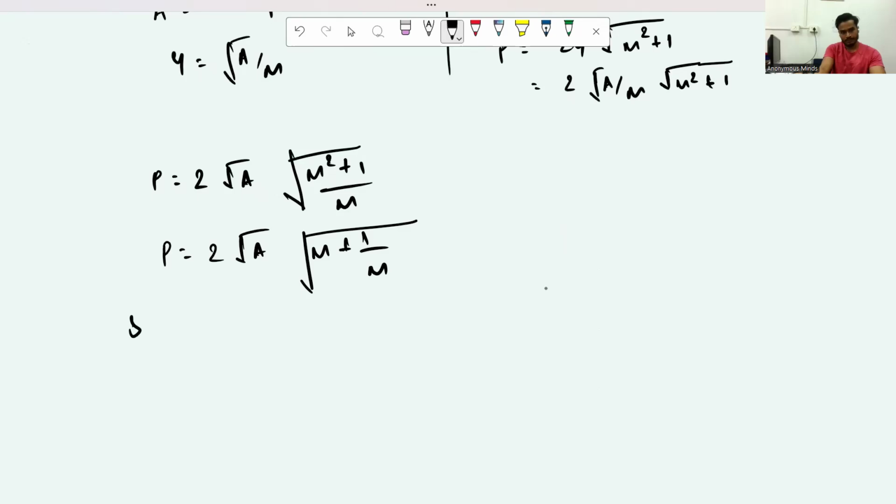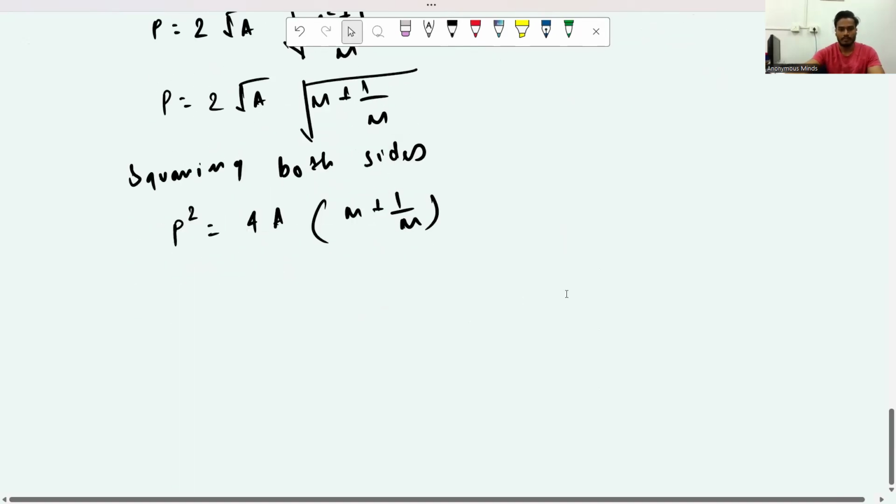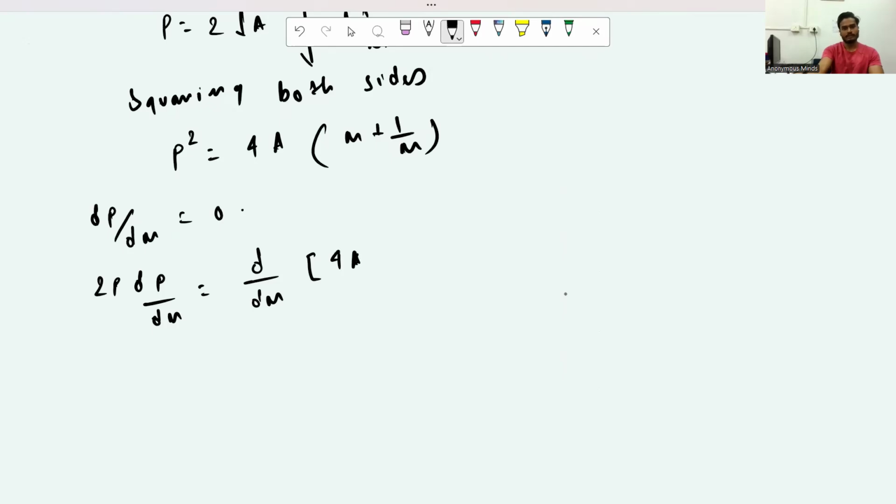Squaring both sides, I can write P square is equal to 4A (m plus 1 by m). Now dP by dm should be equal to 0. So the left hand side will become 2P dP upon dm should be equal to d upon dm of 4A (m plus 1 by m).